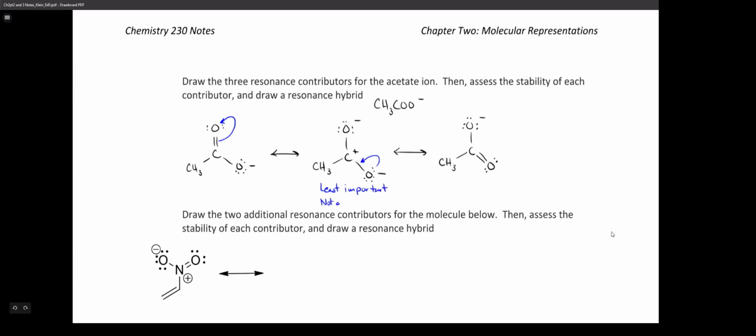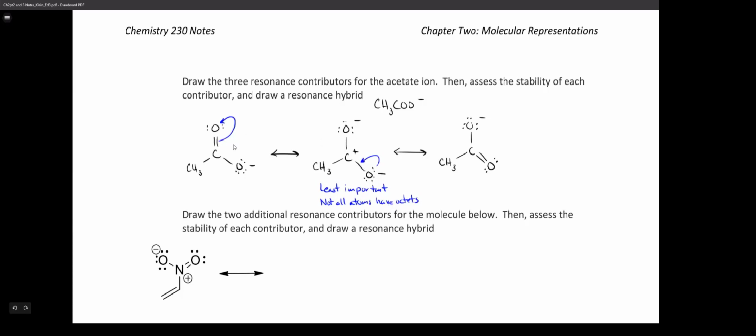Not all atoms have octets. Good. And then on top of that, you've got all these extra charges, right? You've got 3 atoms with charges. So there's a lot of things going against it.